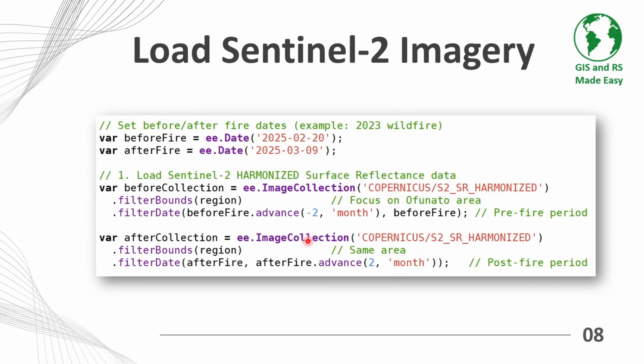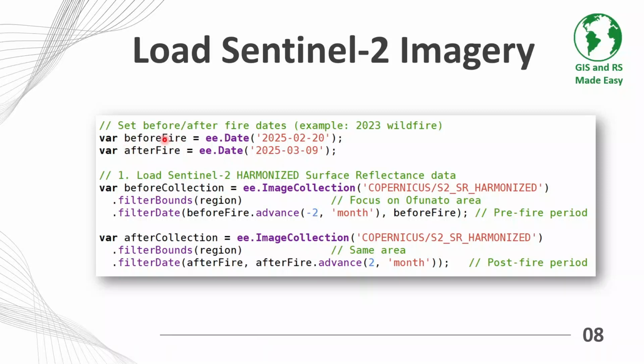This is time for loading our Sentinel-2 image in the code editor. For the analysis, we will not use a single date image. We will use images for 1 or 2 months. From all those images, we will use a median reducer to make a single image. Before doing that, we need two dates.